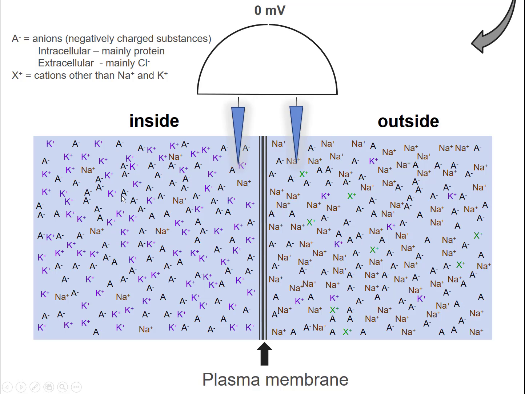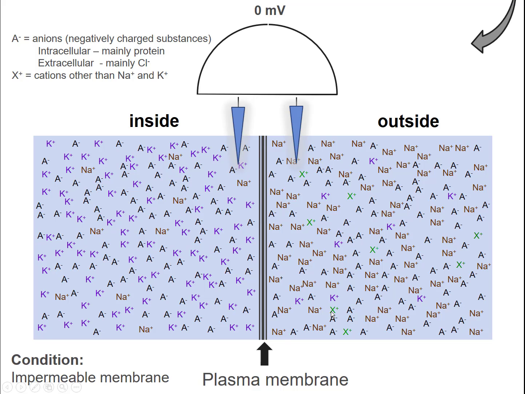There are also a few sodium ions scattered around, but it's mostly potassium as well as those anions. And on the outside, there are a lot of positively charged sodium ions and negatively charged anions, which in this compartment are mostly chloride. There are also a few potassium ions as well as other positive cations.